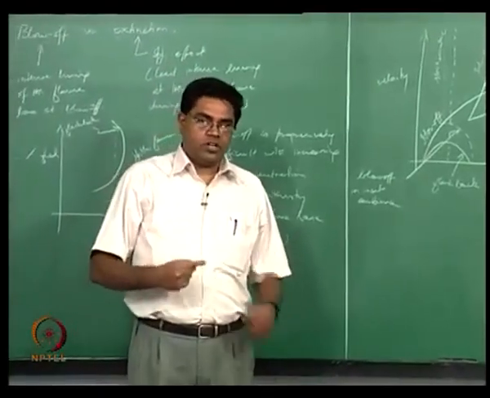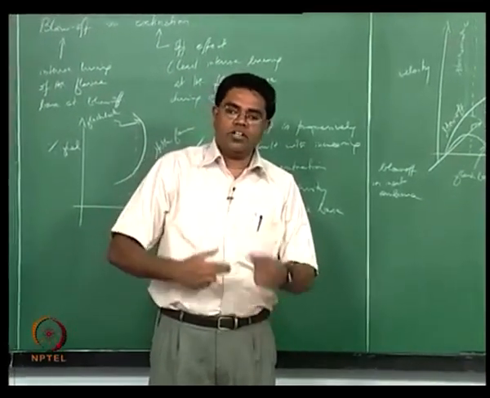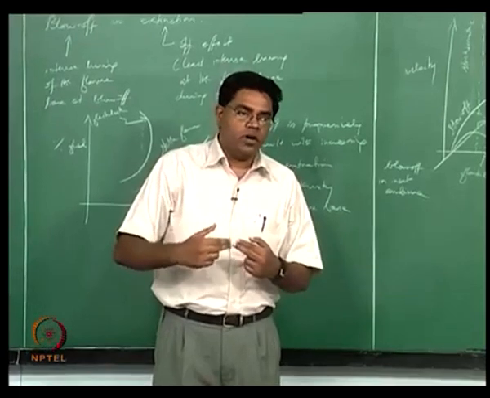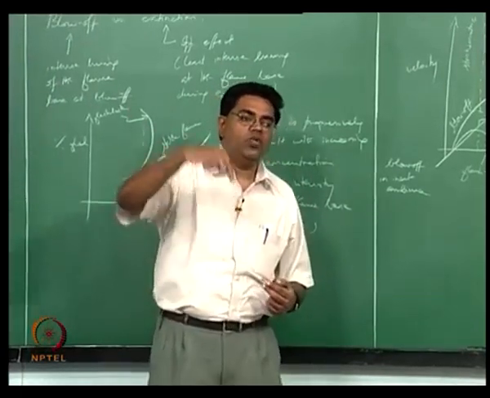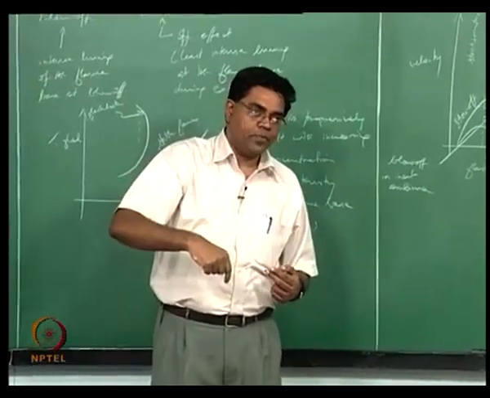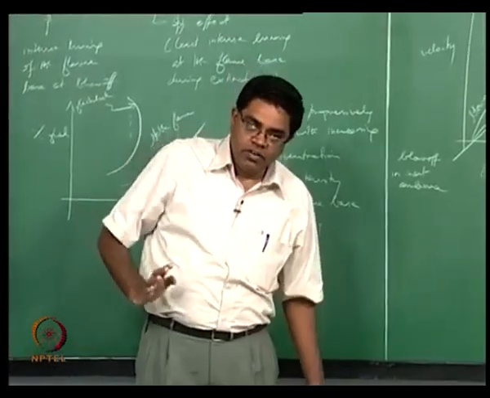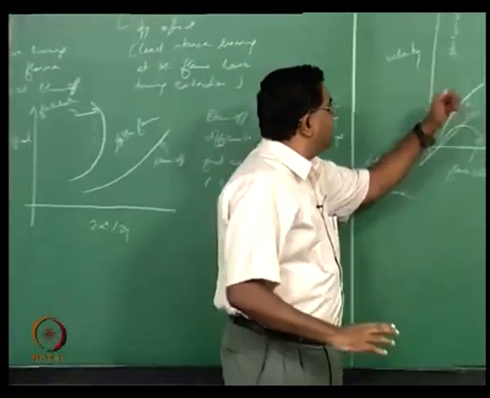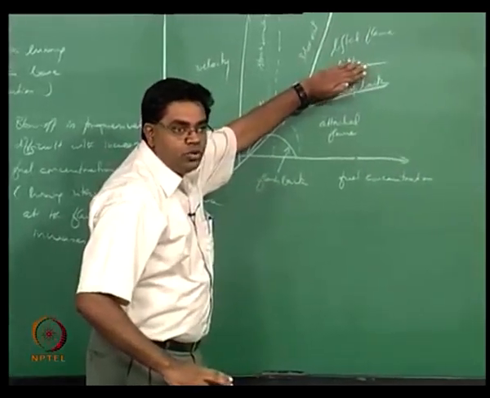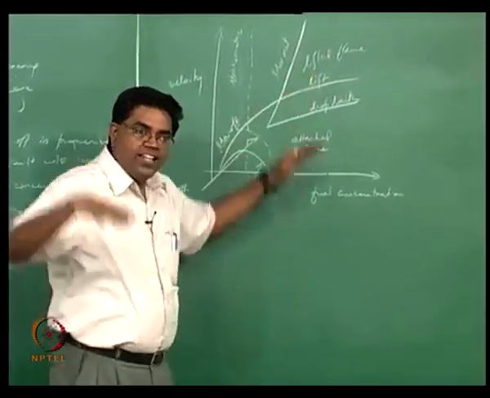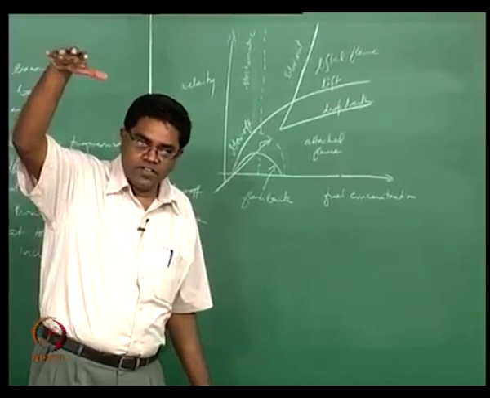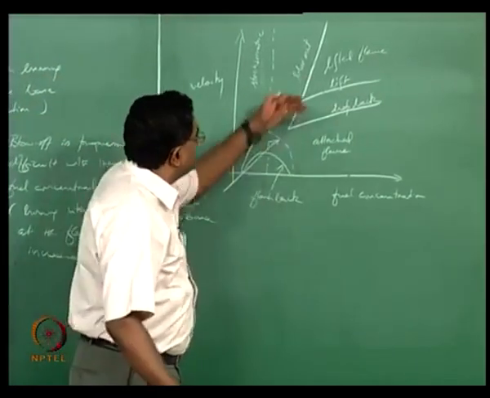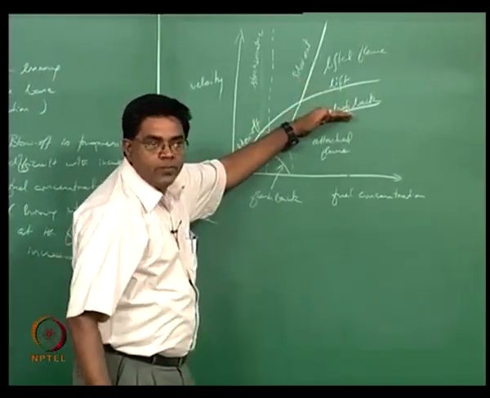So the question of whether you're going to have a lifted flame or an attached flame now begins to depend on which way you are approaching in your velocity direction, for example, right? If you're now going in the increasing direction of velocity, you would stay attached until you went there. If you had a lifted flame to start with at a very high velocity and you keep on decreasing, you will stay lifted until you get to the drawback limit.